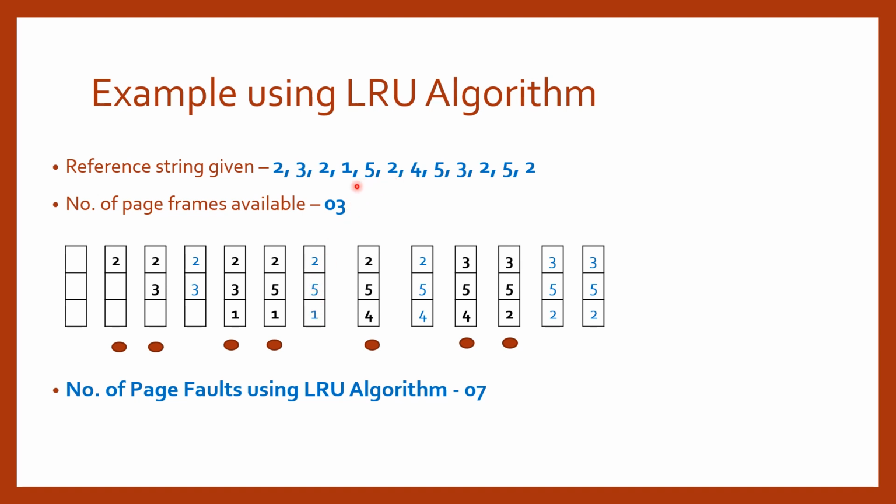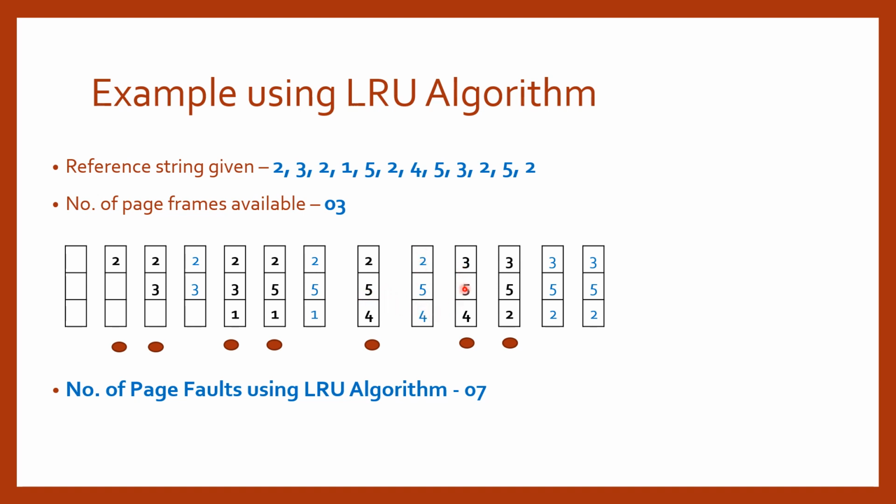For 2, 5 and 1, 1 is the least recently used. 2 and 5 were used recently. 1 is least recently used. So we will replace 1 and load 4 in place of it and count it as a page fault. Now the request comes for 5. 5 is already there, so no page fault.